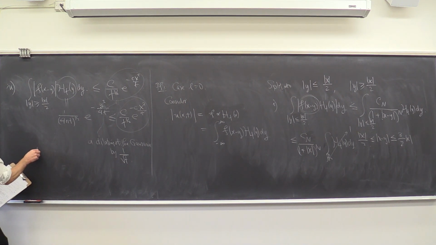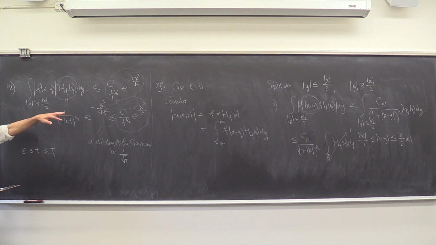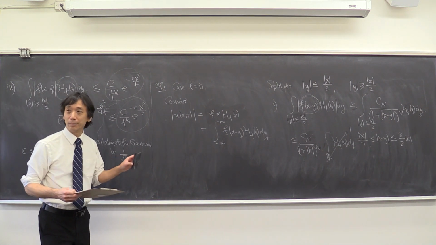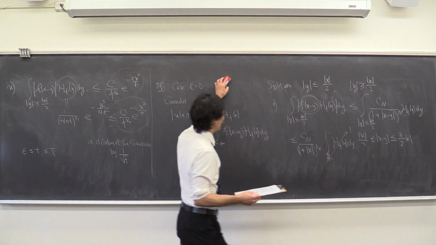That is, as long as t is within some interval like this, then this will be enough to show that we've got the uniform Schwartz class. Yeah, and I think that's actually all we need. So yeah, I'll leave that as a question.